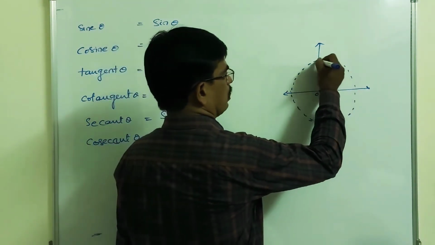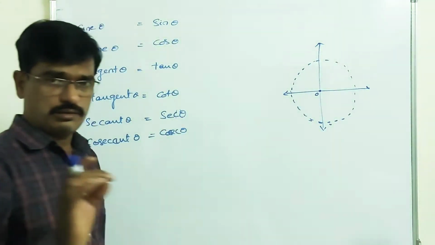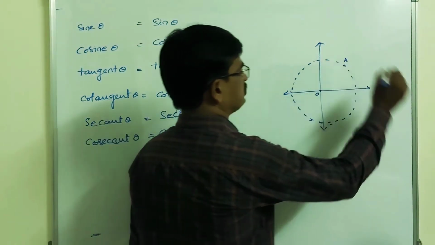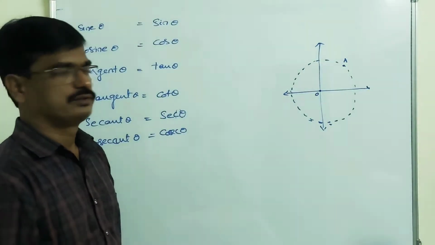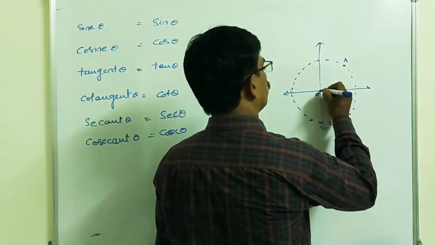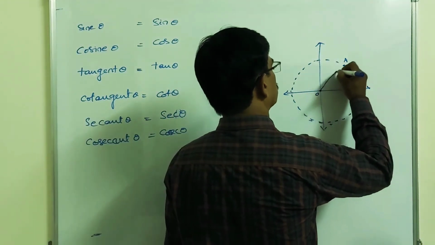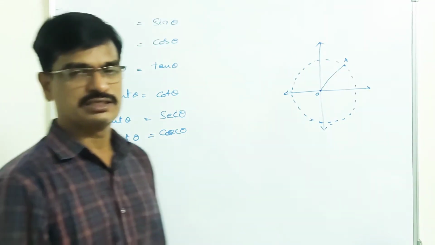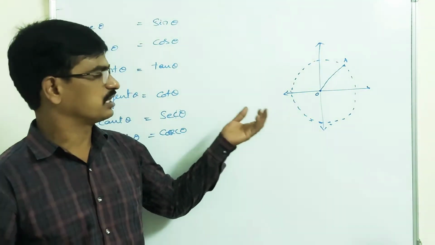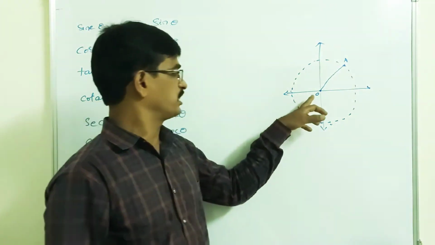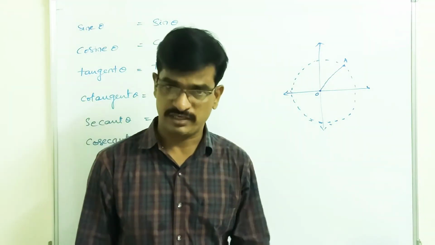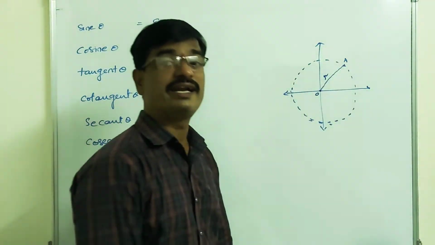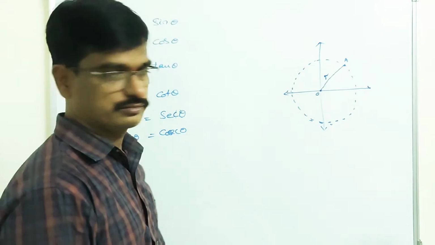Now let us mark a point A on the circumference of the circle. If you join O to A, what will happen? OA becomes a radius of the circle, because radius is defined as the distance between a fixed point and any point on the circumference of a circle. That is, OA is the radius of the circle.